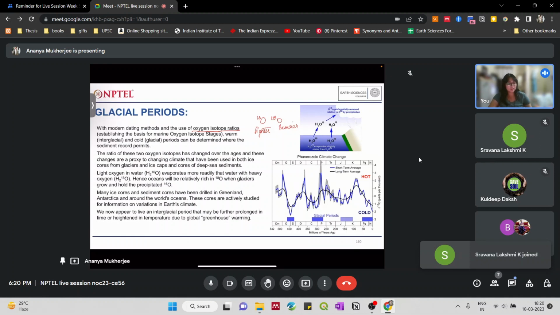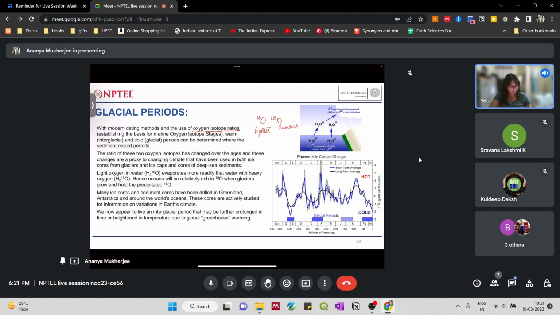So you can see even in the graph over here, where you can see the peaks, the blue peaks, you can see that ratio is negative. And these were the times when there were glacial periods.